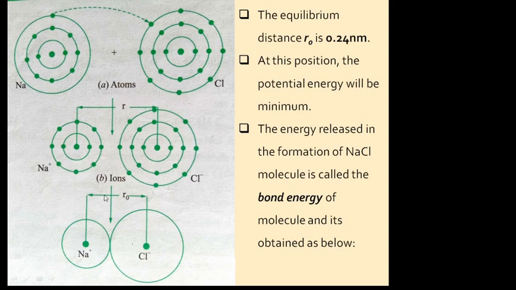Now you bring them close to the equilibrium distance. This is R, that is more distance. This is R0. Outer shells are quasi in close proximity, quasi close to each other.